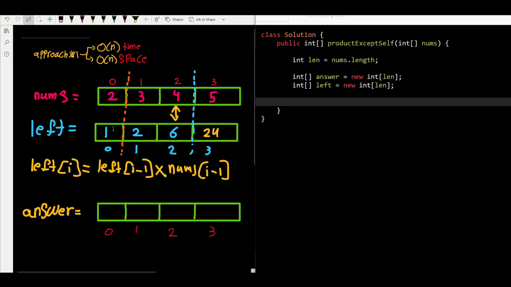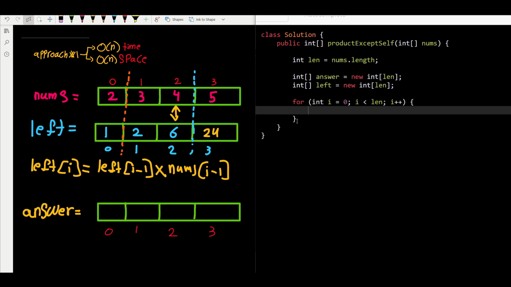Each field in this left array will hold the product of all the numbers left of the index at this field. So we will have for int I equals 0, I is less than the length, of course I plus plus, okay? And now what? Well, we said left of I will equal something.